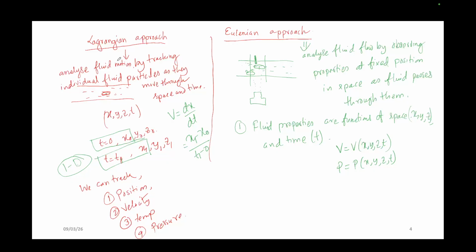You got it? So that is the basic difference. As this is a fixed region, a fixed region basically corresponds to your control volume. So this Eulerian approach is also known as the control volume approach, and this Lagrangian approach is your control mass approach.